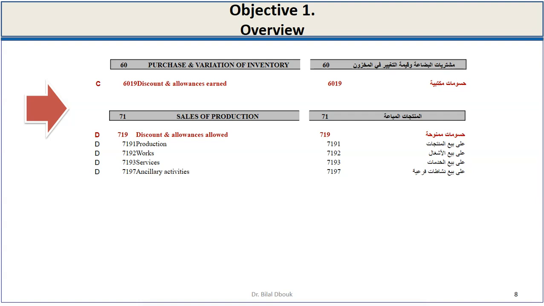Also, we will use discounts and allowances, and 6019, related to all the discounts that we receive from our suppliers. And also account 719, related to discounts and allowances that we give to our clients when we sell products to them. So these are the main accounts that we will see in this chapter according to objective 1.